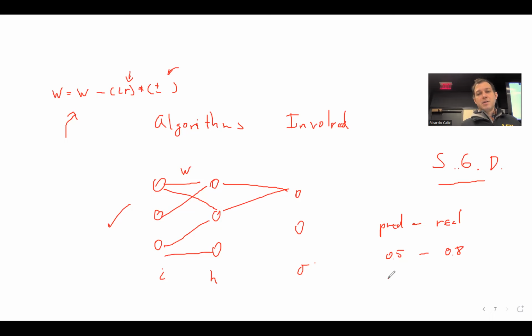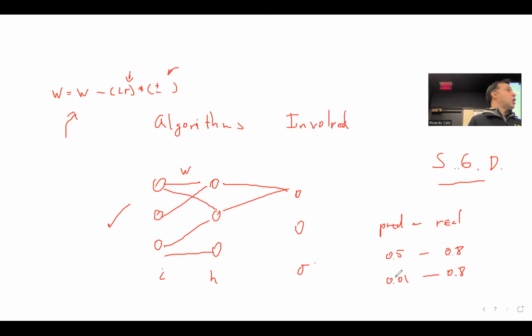What if you guess 0.01 and this is 0.8? Which one of these is a better prediction? The top one, right? Because it's the one closest to the real value. Do you guys see that? So that's what we do in machine learning. We predict, we compare to what we have.